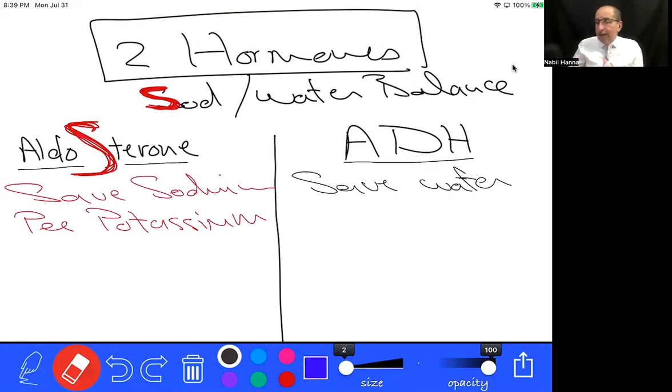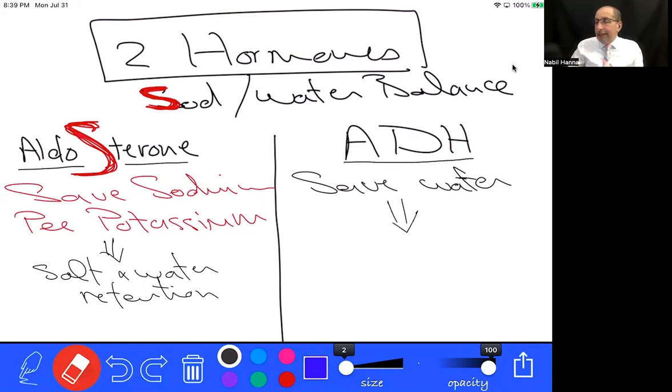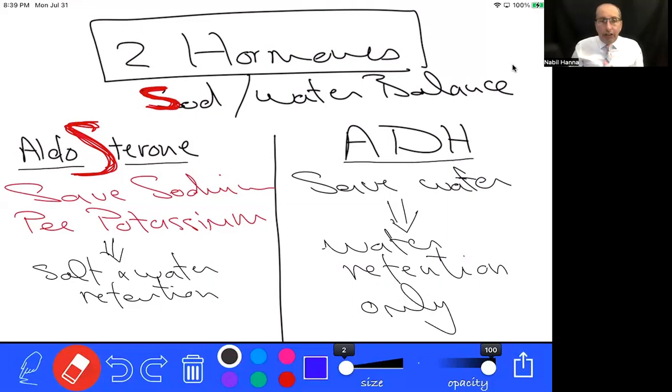So aldosterone eventually leads to salt and water retention, whereas ADH leads to water retention only.